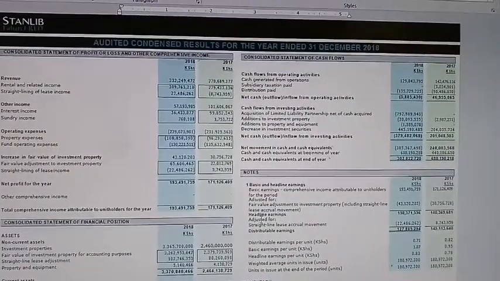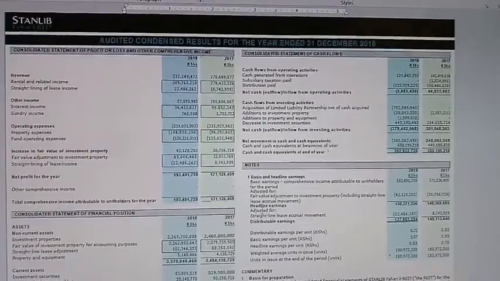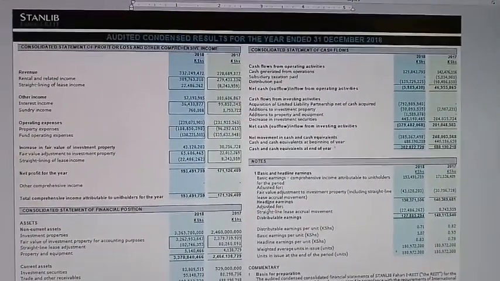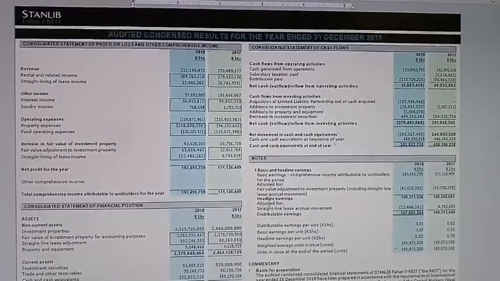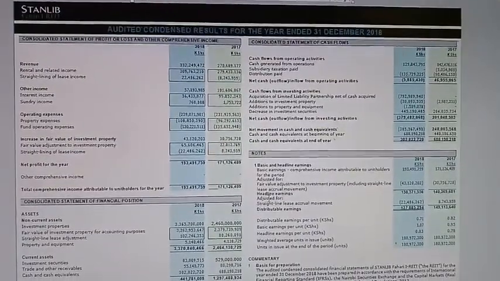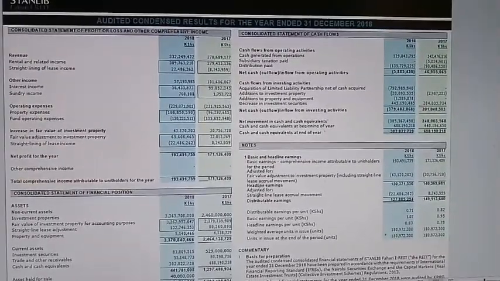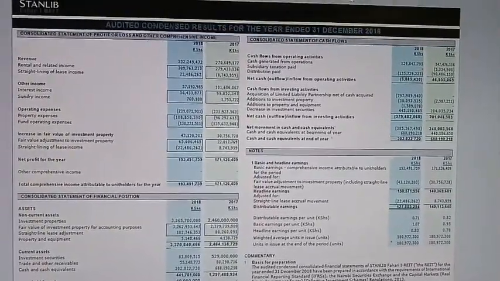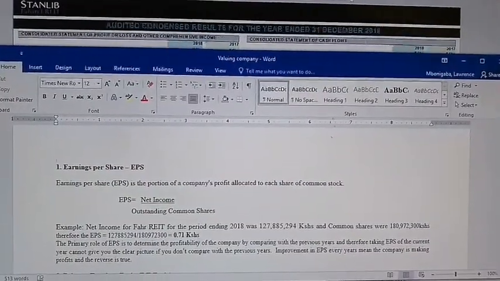So basically, dividend yield is the annual dividend per share divided by share price. Since it is a yield, it is expressed as a percentage, so you multiply by 100. That's how it is calculated.